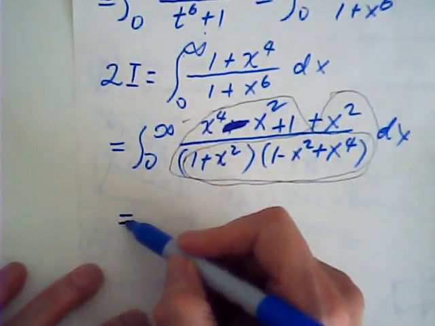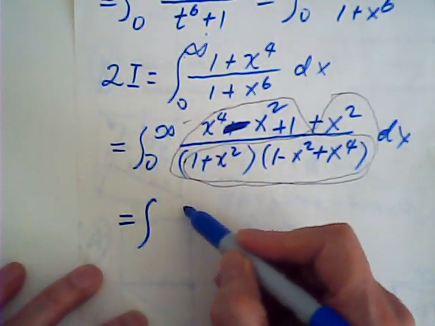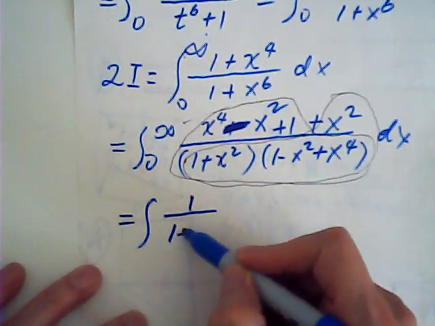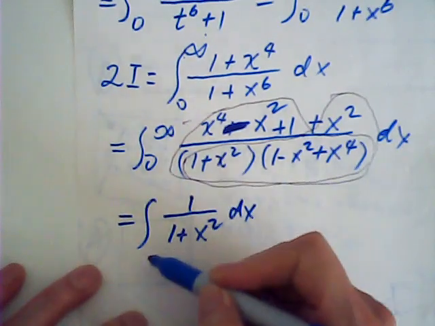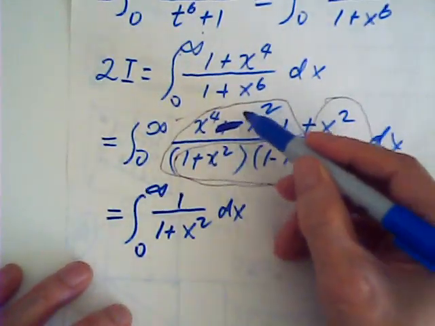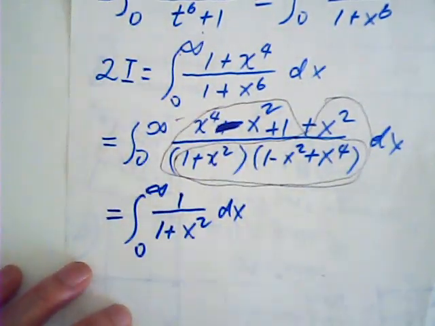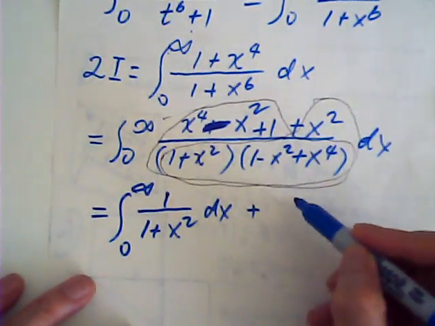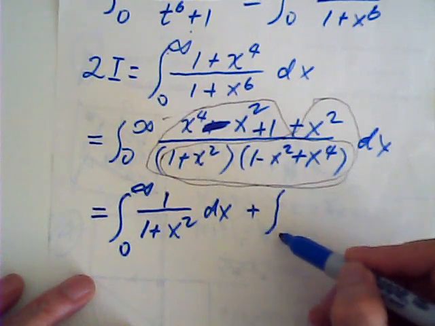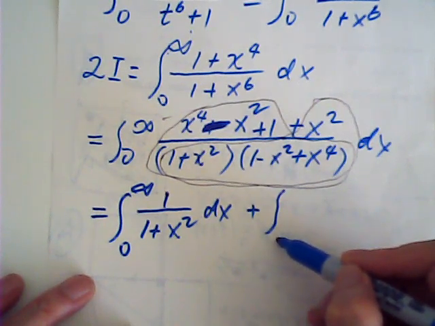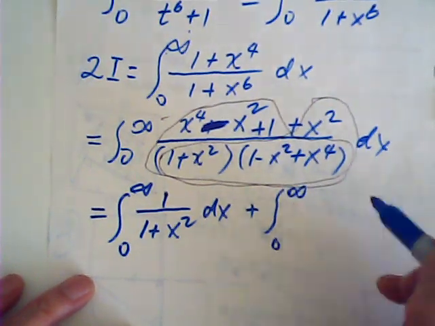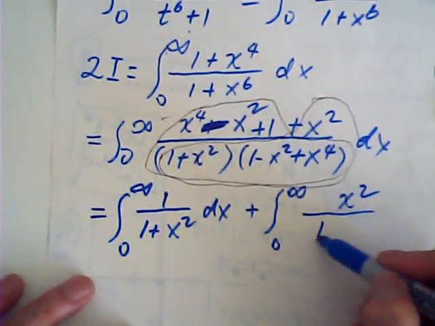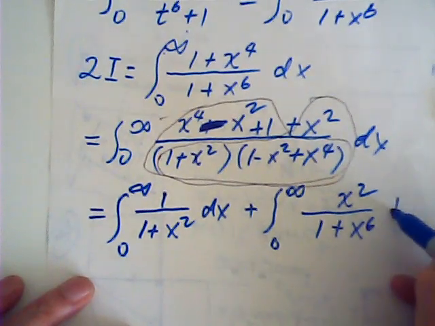So this over this one is equal to 1 over 1 plus x squared dx, and that over this one is from 0 to infinity of 1 plus x 6 dx.